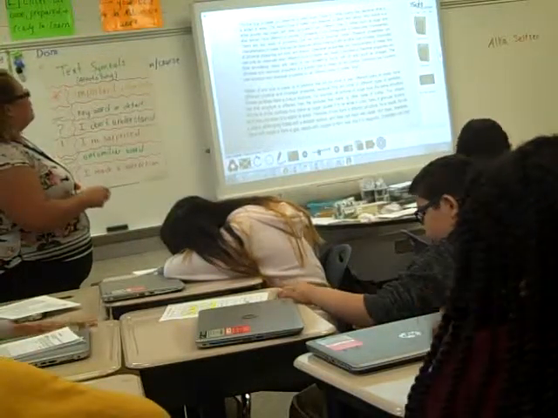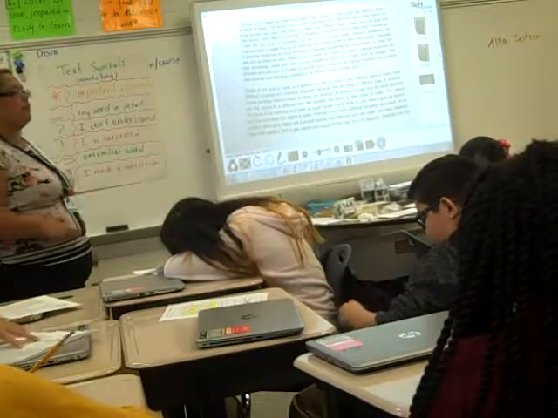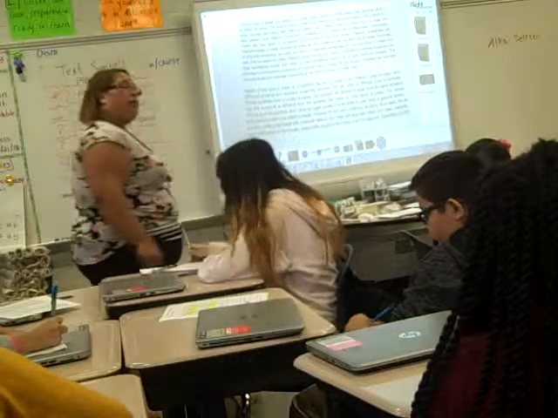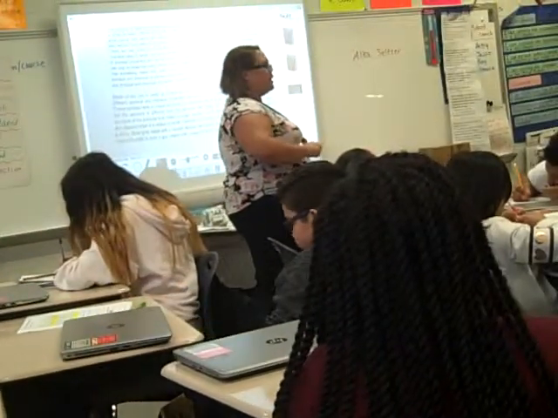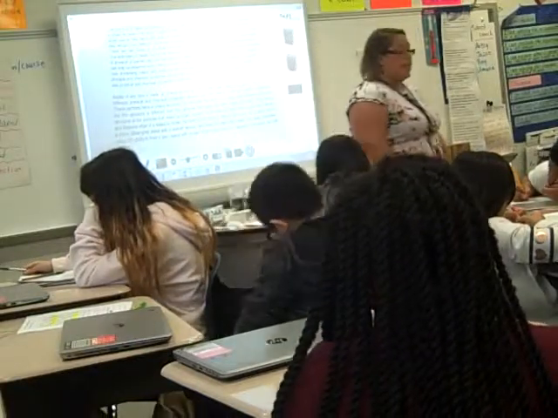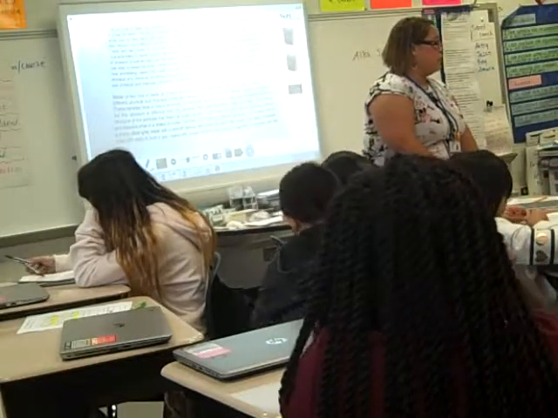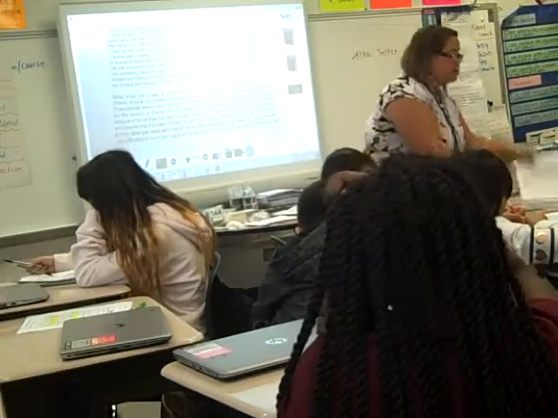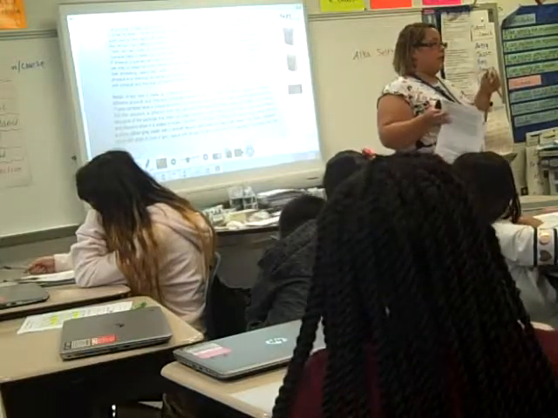Physical properties are characteristics of matter that can be observed without mixing it with another type of matter. I don't understand. Okay, so think back, remember we wrote notes, physical properties and chemical properties. Remember in Google Classroom you had to give me an example of physical change and tell me what property you changed. So if I dye this sheet of paper red, is that a physical or a chemical change?